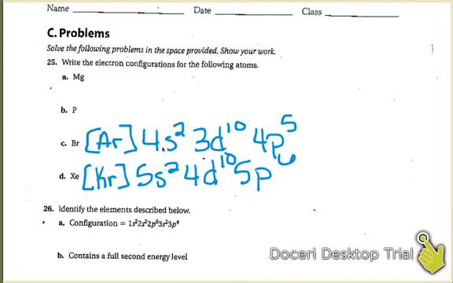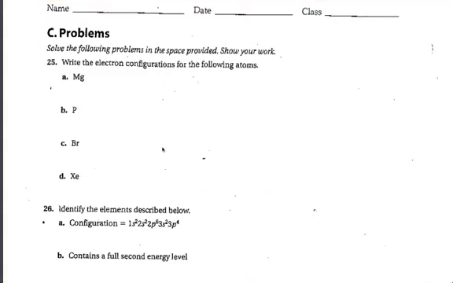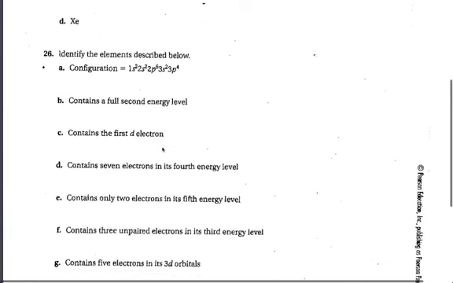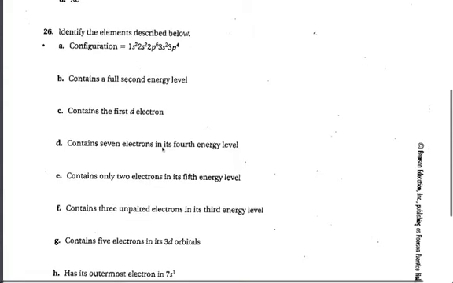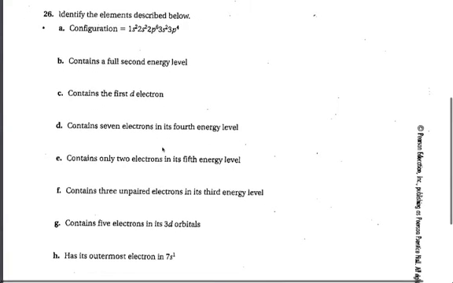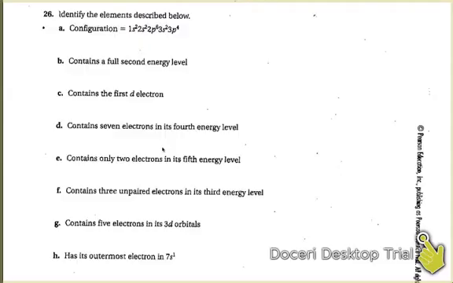Now let's look at number 26. Number 26 is asking you to identify an element that is described by the following characteristics. A gives you an electron configuration. Again, I'm going to use my periodic table while I'm doing this.